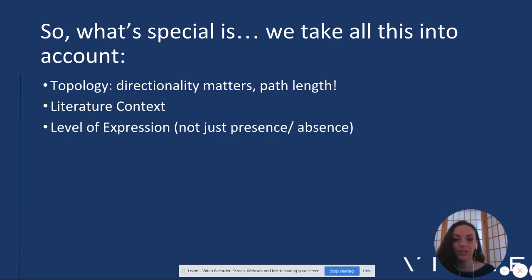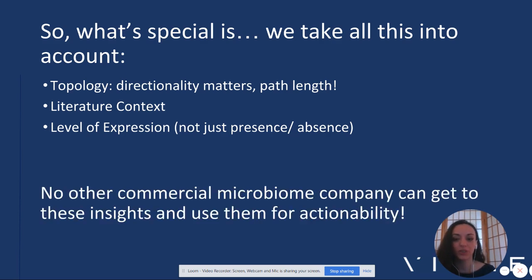Metagenomic technology, other technologies, unless it's transcriptomics, so the RNA level, they cannot tell you how expressed or how overexpressed any of the genes are. So the level of expression really matters. And no other commercial microbiome company can do any of these things and provide such pathway-driven insights and recommendations for their customers.